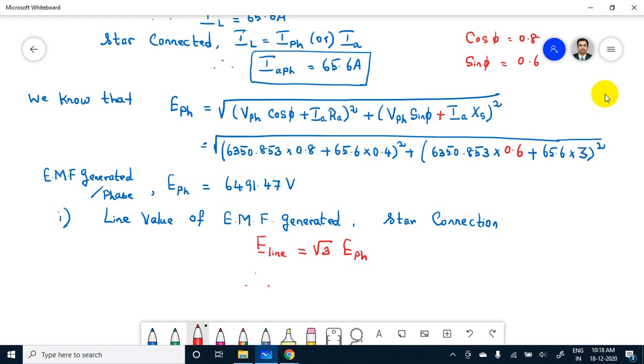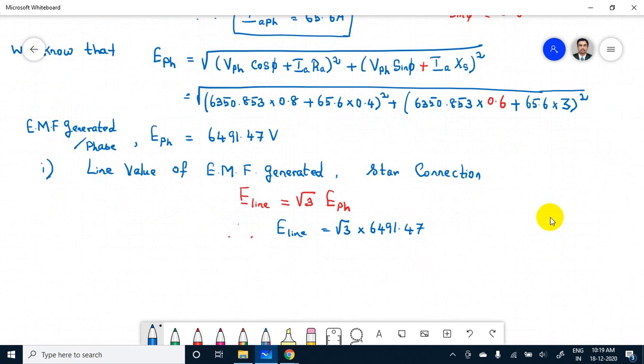Therefore E line equal to root 3 into 6491.47. Now can you please give me the reply?